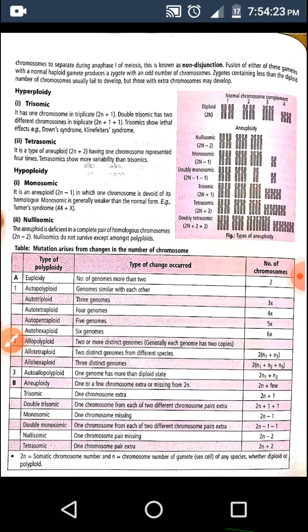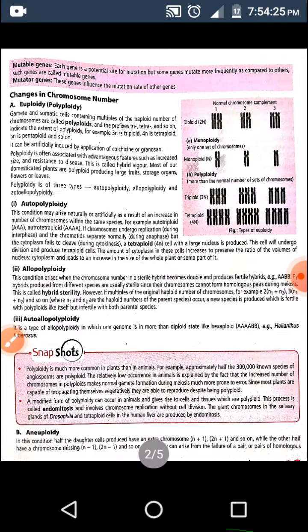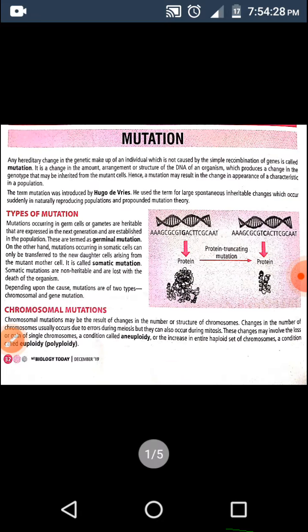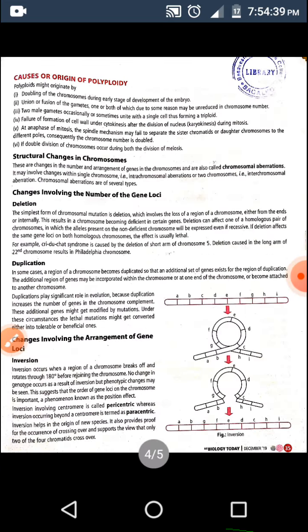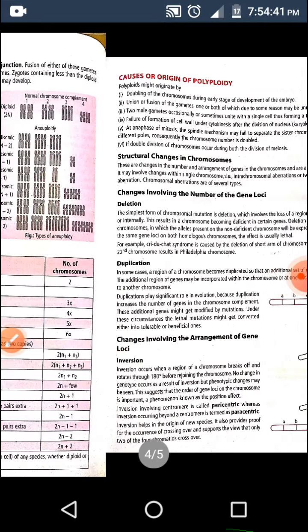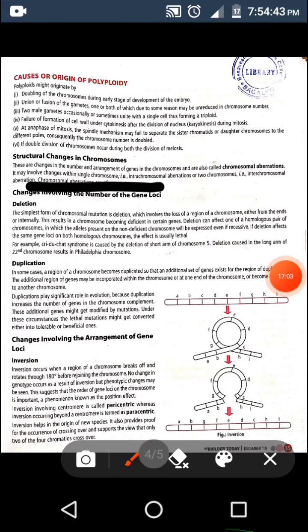In this way, we mainly study chromosomal mutation in two types. One is based on the change in the number of chromosomes, and the other is the change in the structure of chromosomes, where in structural changes we study the loss of a fragment or segment of the chromosome, called structural change or chromosomal aberration.